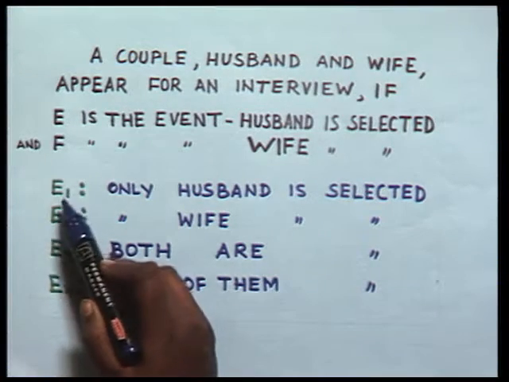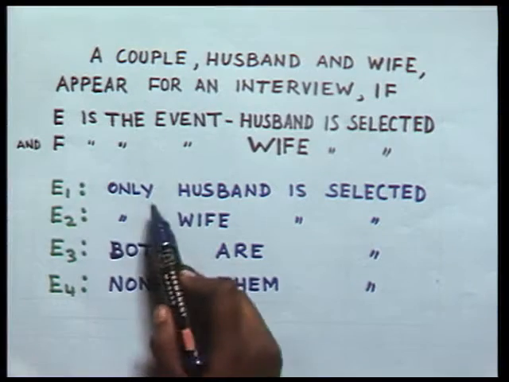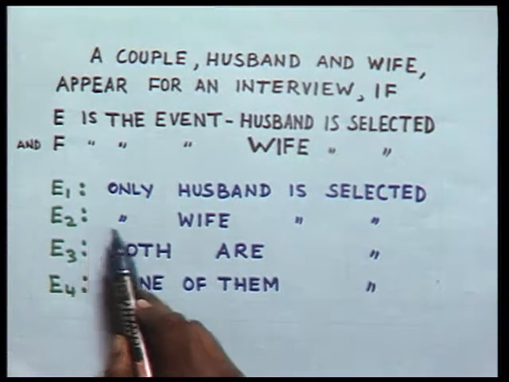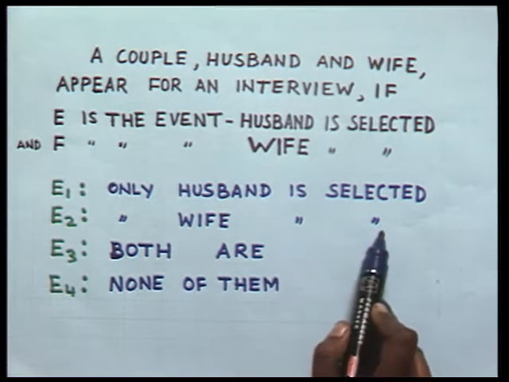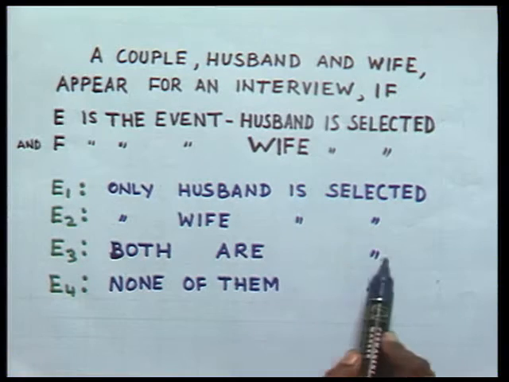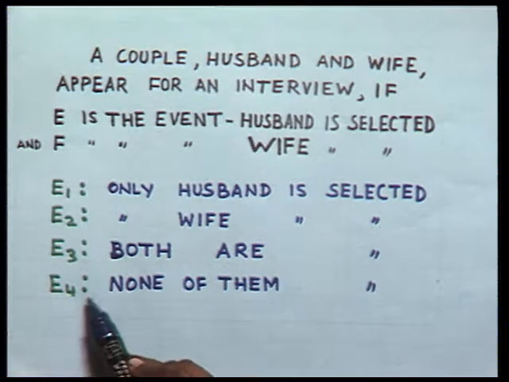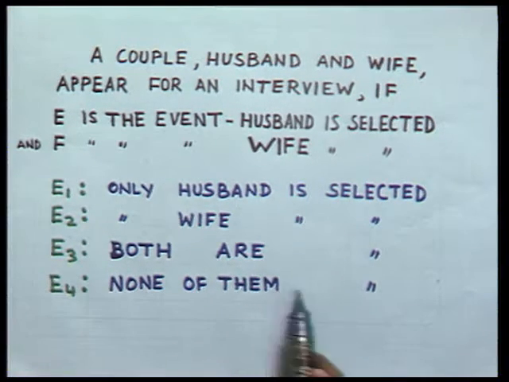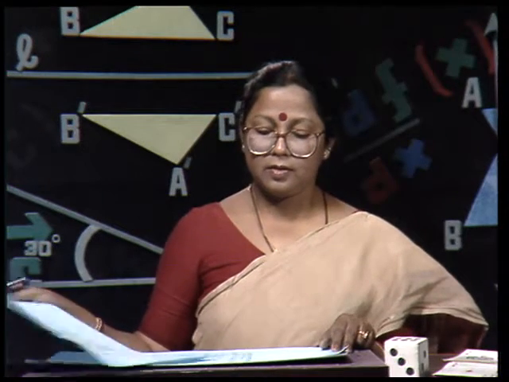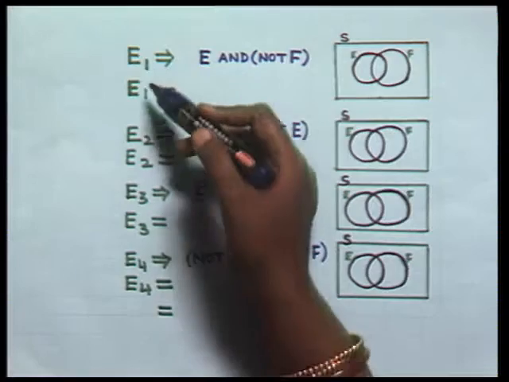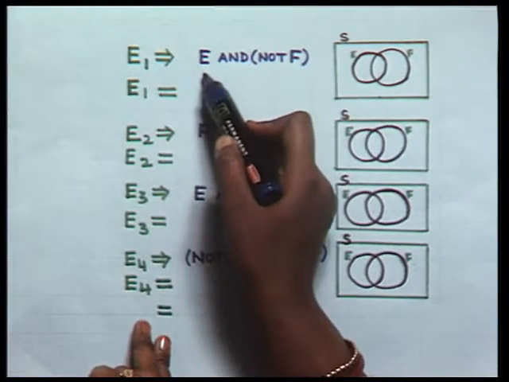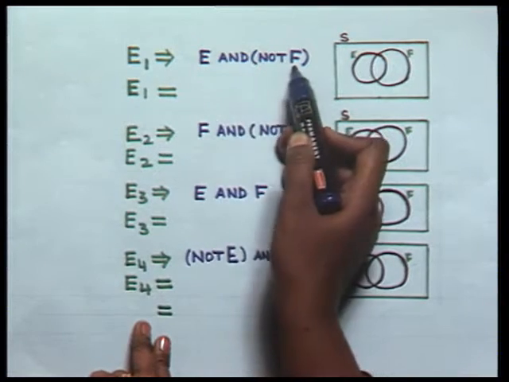Now, consider the event E1 as only husband is selected, event E2 as only wife is selected, event E3 as both are selected, and event E4 as none of them are selected. So, event E1 says only husband is selected, that means only husband and not wife.